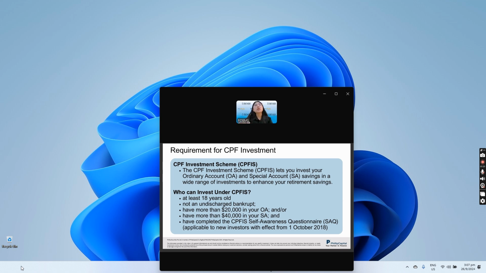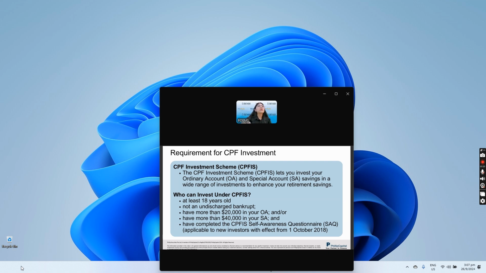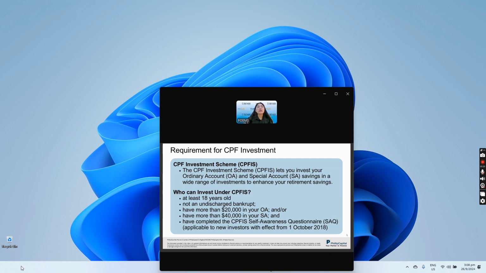And for SA, you need to set aside 40K before you use the money. If you fulfill all of this, you then need to complete the CPFIS self-awareness questionnaire. This is so that you know the investment risks. You can go to the CPF website and fill it in. Okay, if you're ready, next.